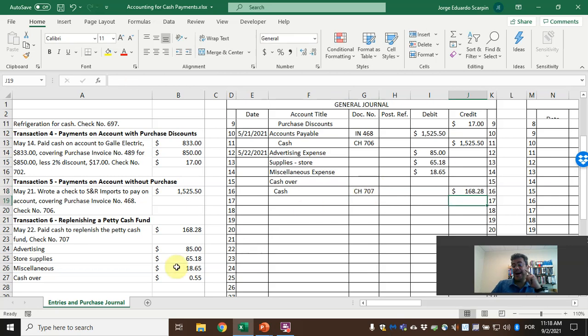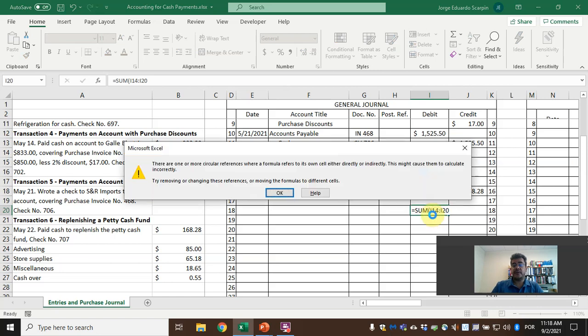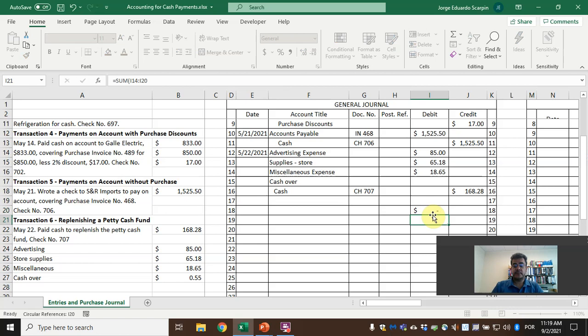How do I know if this cash is over or under, or debit or credit? It's easy. Let's do equal sum of our debits. Oops, something went wrong here. Equal sum of our debits.